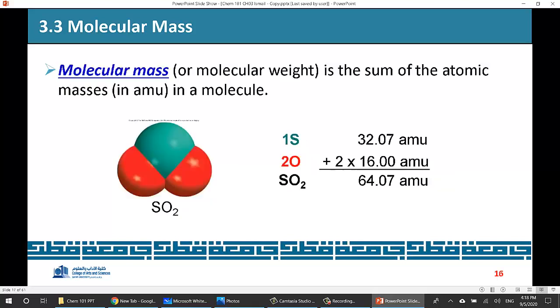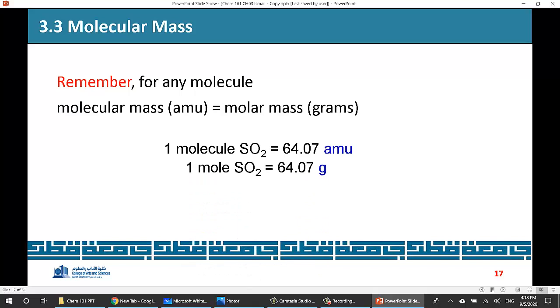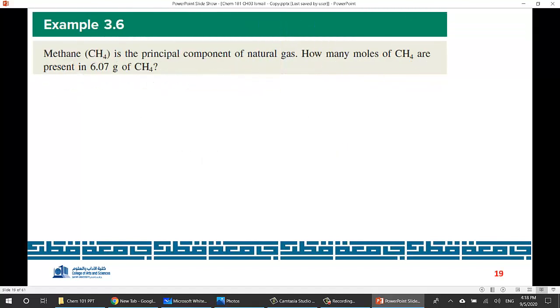That means each 1 mole of SO2 will weigh 64.07 grams. So remember, for any molecule, the molecular mass is equal to the molar mass in grams. So 1 molecule of SO2 is 64.07 AMU, and that's equal to 64.07 grams.